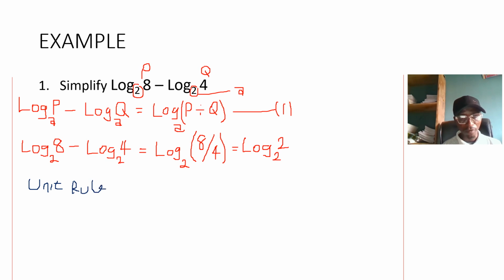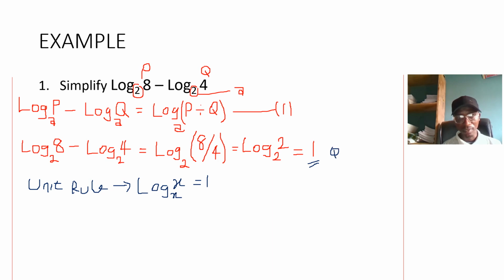The unit rule of logarithm states that log x base x is equal to 1. So therefore our log 2 base 2 is equal to 1, which is our final answer for this question. Here is our final answer, 1. That's our answer.